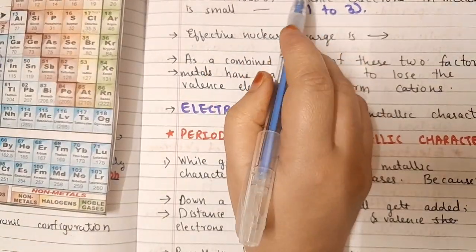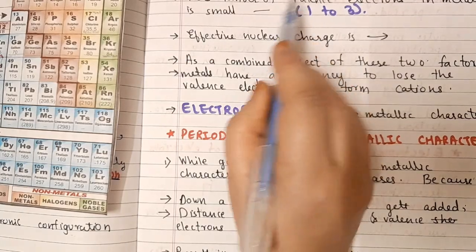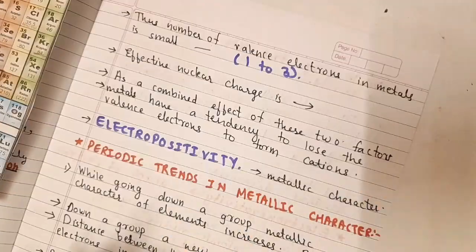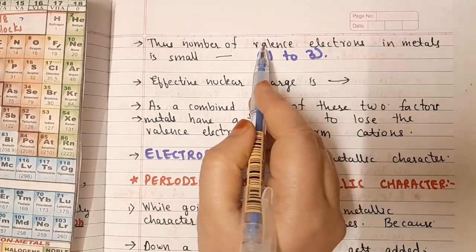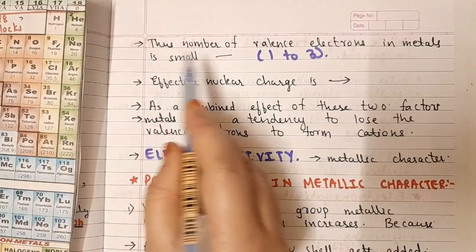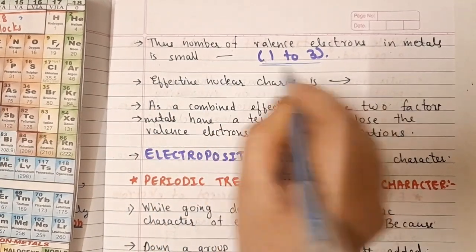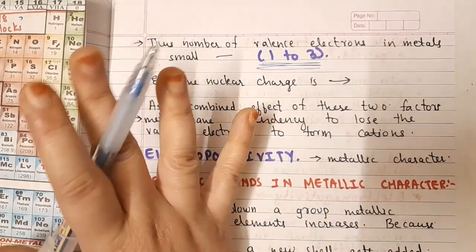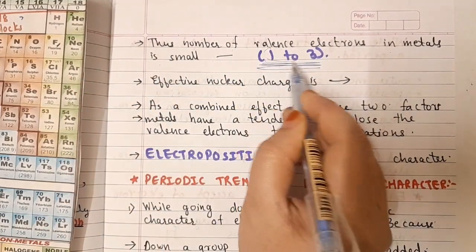Thus the number of valence electrons in metals is small, that is, up to 1 to 3. That means in the valence shell of metals there are only one to three electrons.